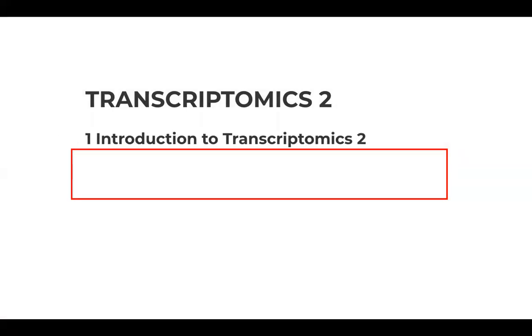So an introduction to transcriptomics 2 is something that we will be covering today, and then we will be doing hypothesis testing, the concepts related to analysis of the differences between means of sample groups. We have means from different groups and we want to compare those. How do we do that?